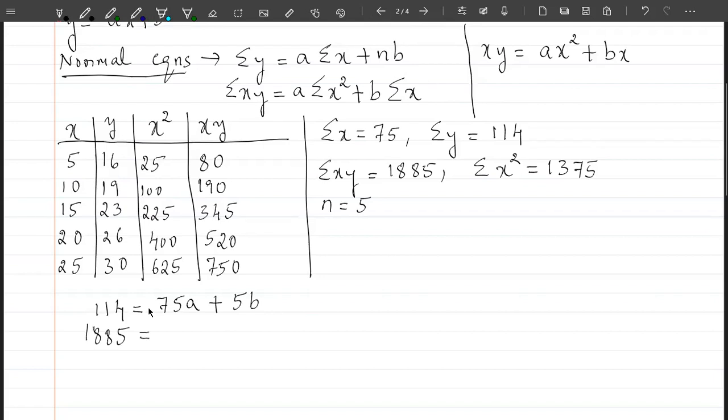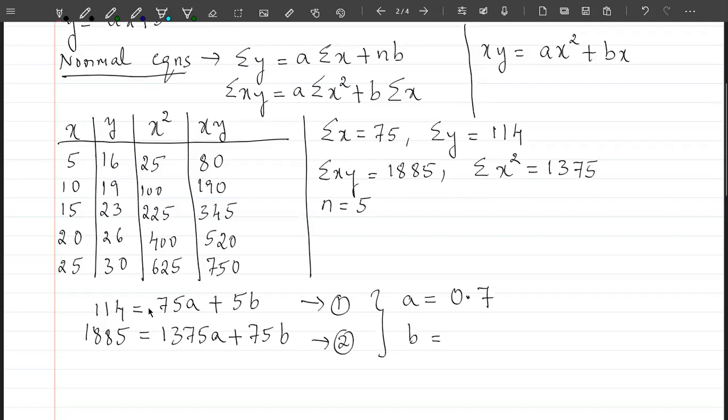Then summation xy. Summation xy is 1885. That's equal to a summation x square, that is 1375a plus b summation x, that is 75 into b. Let's take this as equations 1 and 2. Solve these equations and get the values of a and b. So the value of a is 0.7 and the value of b is 12.3.